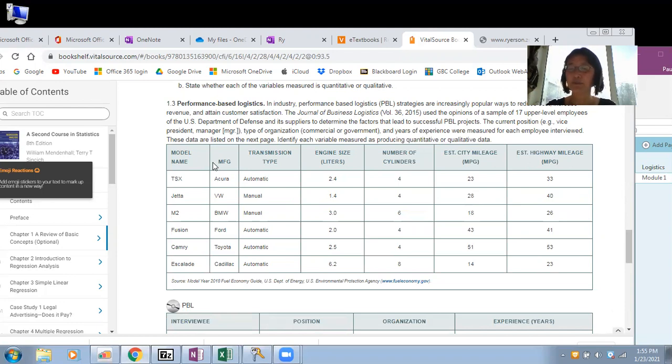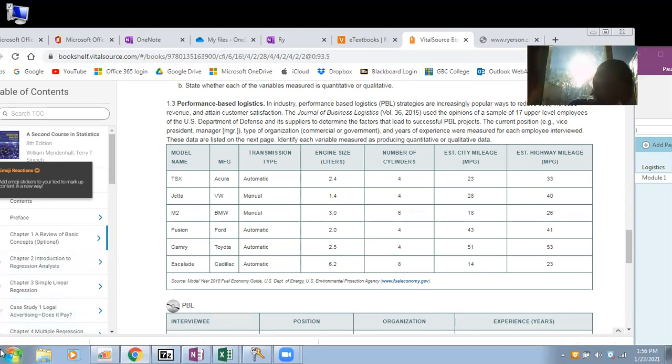Session 2 is about population, samples, random sample. Okay. I'm going to do some questions, some exercise.